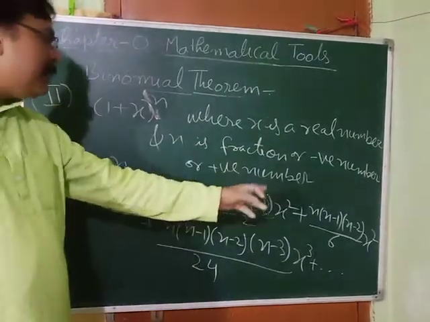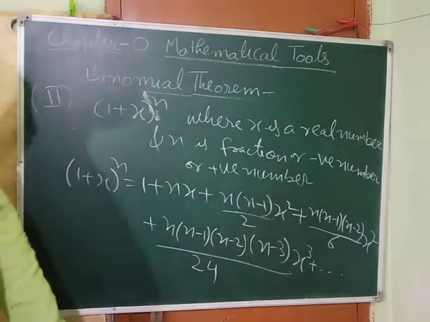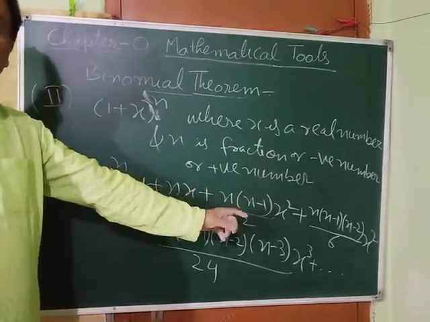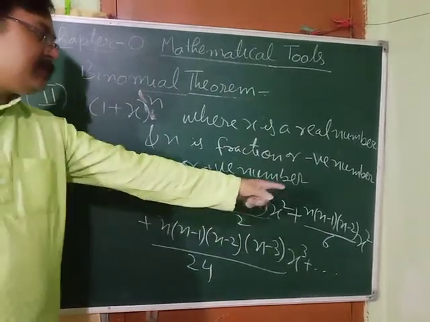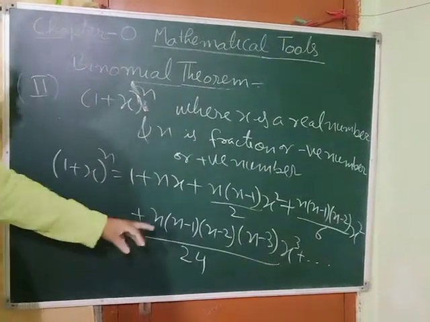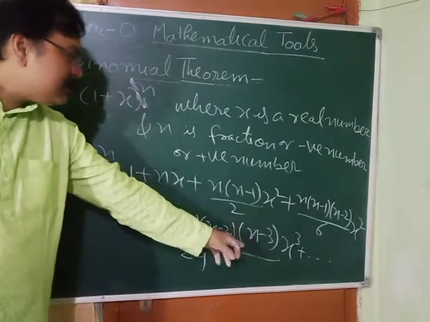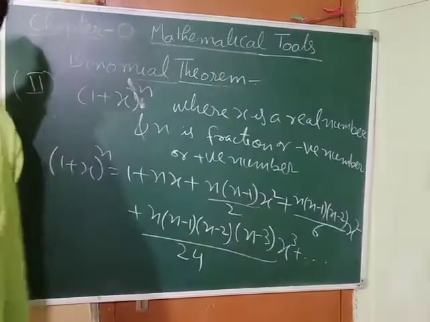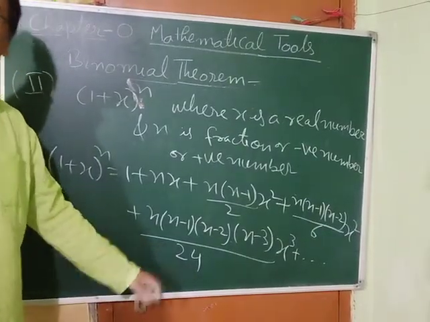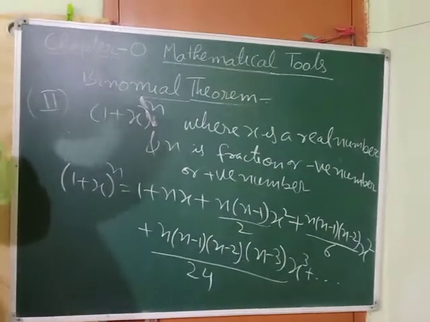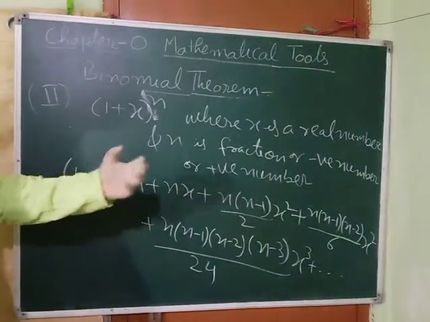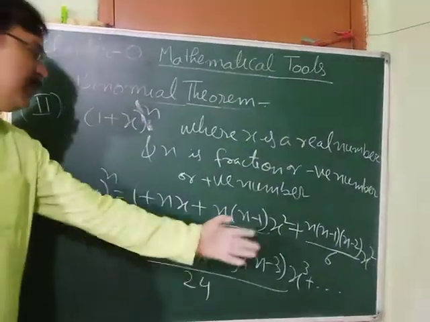Next one, n(n-1)(n-2) / factorial 3, where factorial 3 is 3 into 2 into 1, that is 6, x^3. And the next, n(n-1)(n-2)(n-3). See, one factor has increased and the power of x also increased by 1, x^4. Here you get factorial 4, which is 4 into 3 into 2 into 1: 4 times 3 is 12, 12 times 2 is 24, 24 times 1 is 24. In this way, it will keep on going.